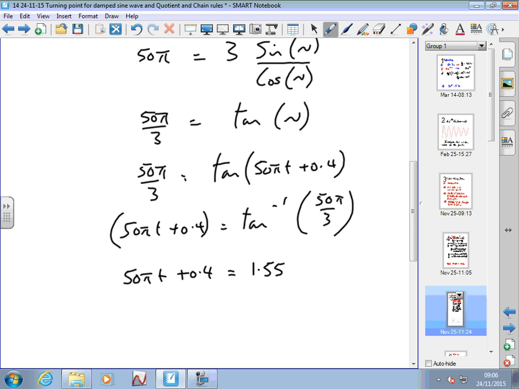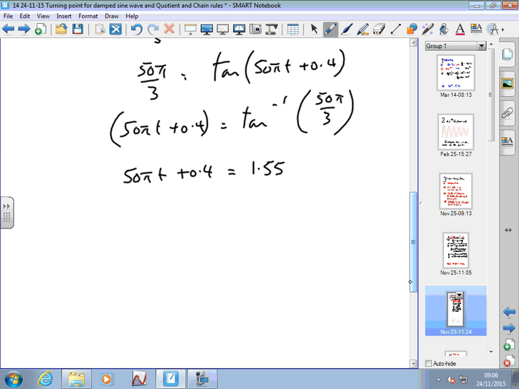So now we can find t. We can subtract 0.4 from both sides and divide by 50 pi. So 50 pi t is 1.15, subtracting 0.4 from both sides. So t equals 1.15 over 50 pi.